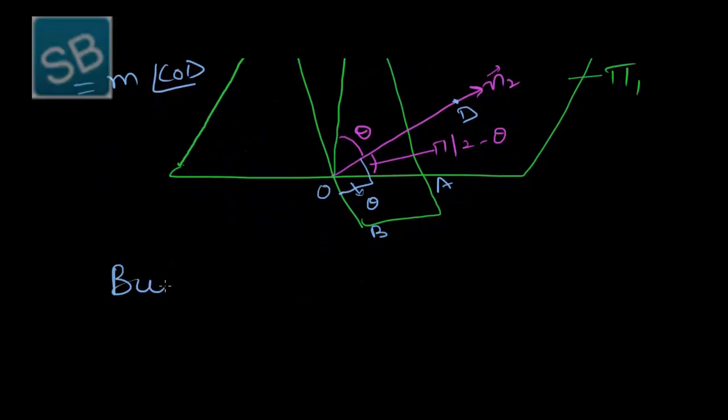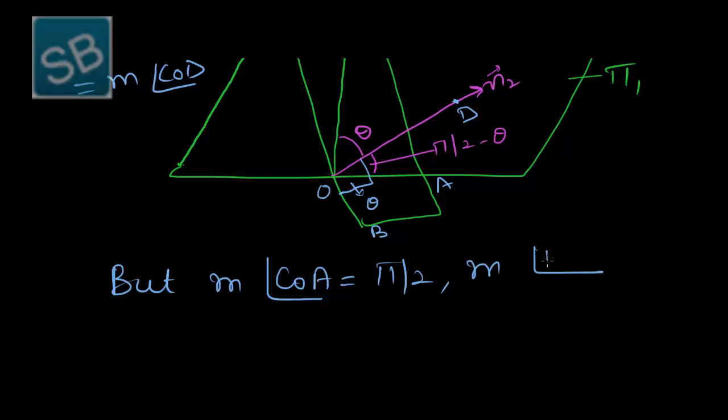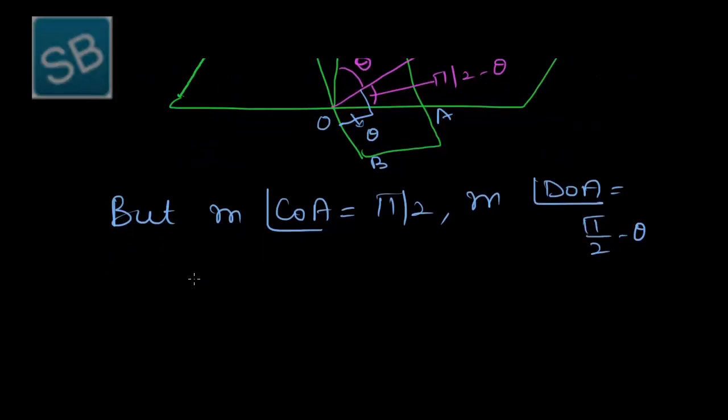But the measure of angle COA is pi by 2 and the measure of angle DOA here is pi by 2 minus theta, and the measure of angle BOD is pi by 2.